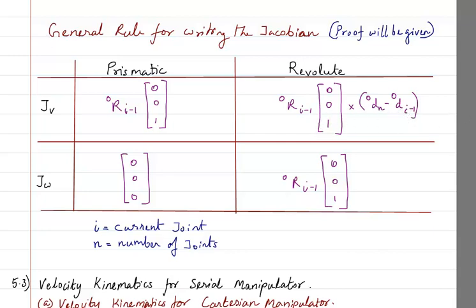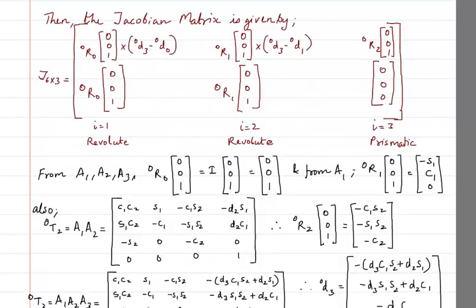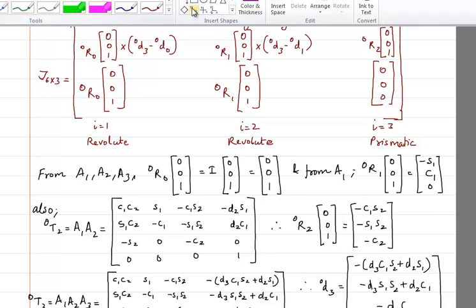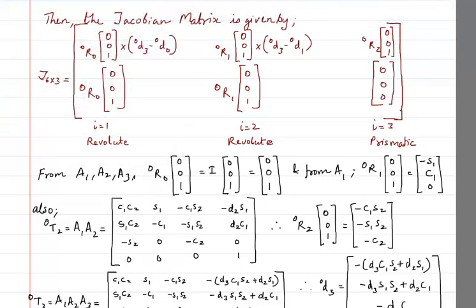So based on that, if we go and find the equation, for the first revolute joint it will be 0d3 minus 0d0, so it has to be cross multiplied. Similarly the second column, and similarly the third column. So what we have to find is 0r0, then 0r1, for which we have to find 0T1.